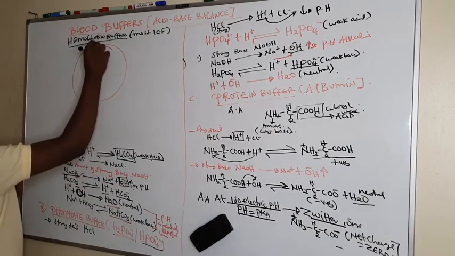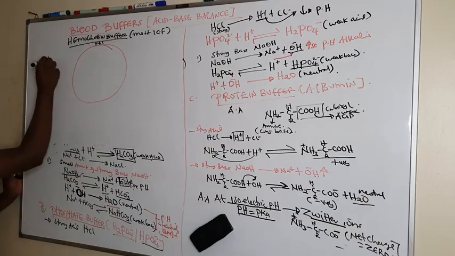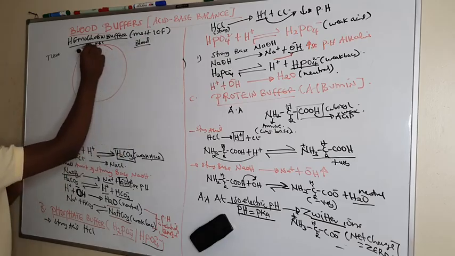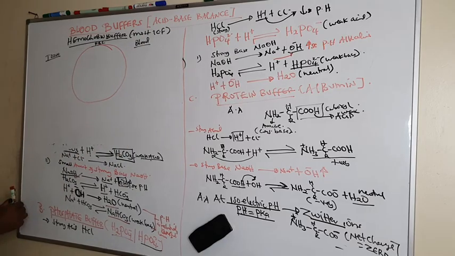So if this is an RBC, this is the tissue side, and this is the blood. So we have the cell, the tissue, and the blood.